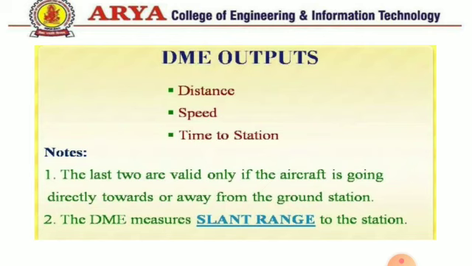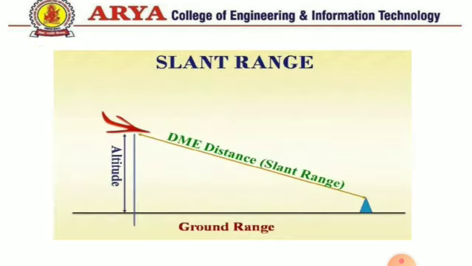Normally the DME measures slant range to the station. What we mean by slant range is the direct distance from the aircraft to the DME station location. From this we can also estimate the altitude and the range on the ground.